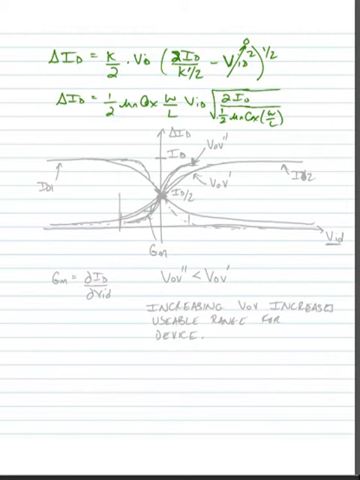So if we were to plot delta ID versus the input differential voltage, we see that it has a square root dependency.